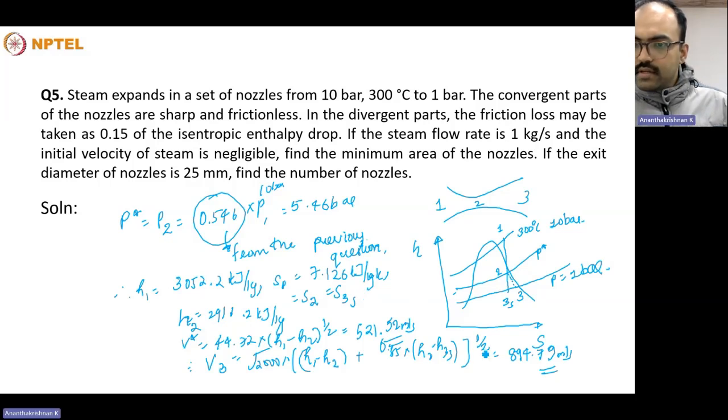So we have got the velocity at the third point as well. We need to calculate the minimum area of the nozzle that happens at the point 2, and the number of nozzles for a given exit diameter.